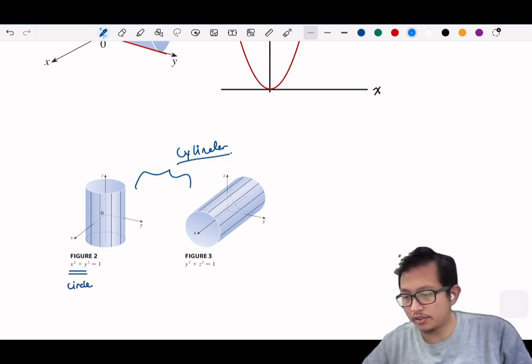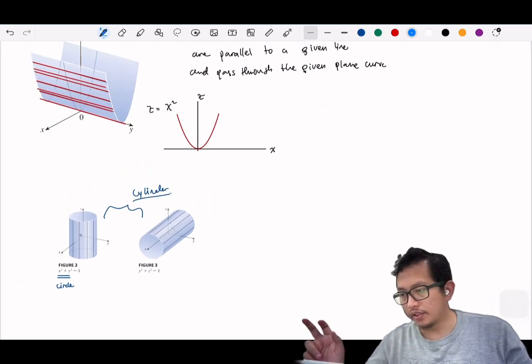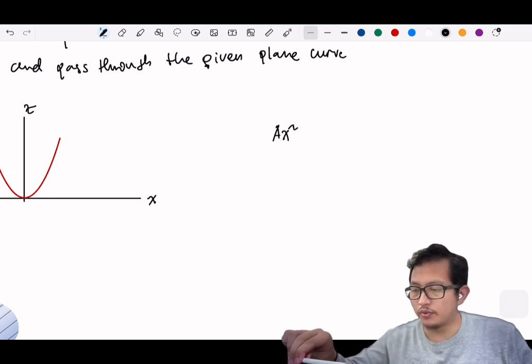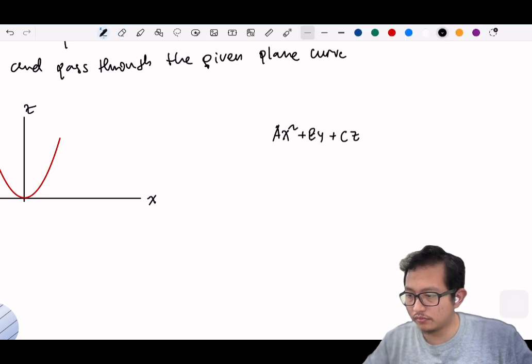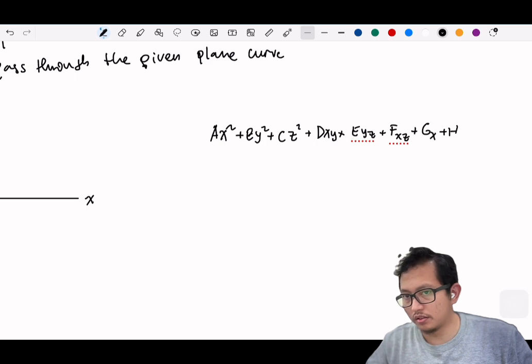This is another cylinder as well, and there is another equation that we call the general equation, which we can write as follows.